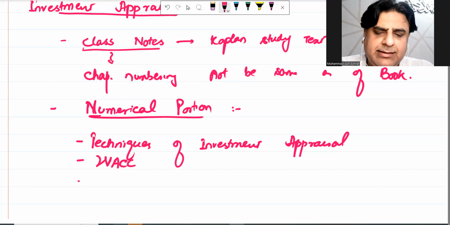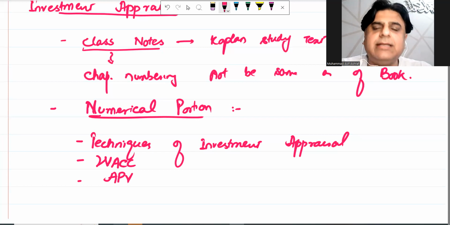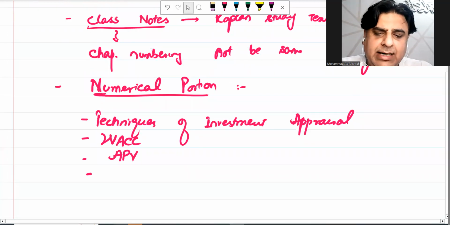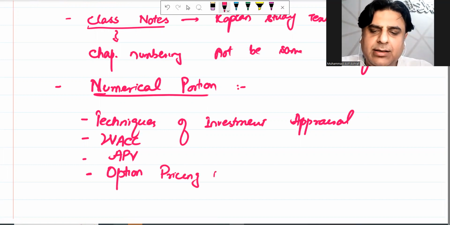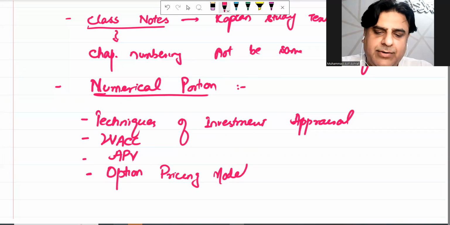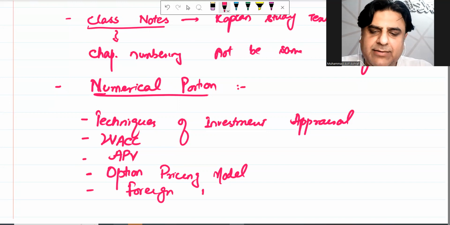After doing the WACC topic, I'll be moving towards another topic called adjusted present value. Then I'll be moving towards another numerical topic, the option pricing model. After that, I'll be moving towards foreign investment appraisal.